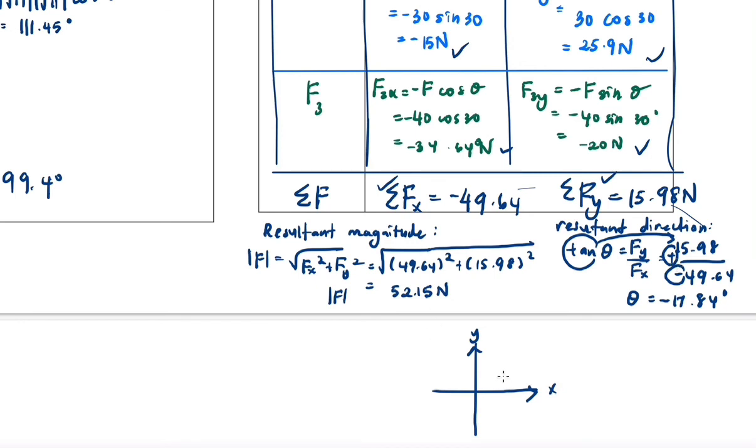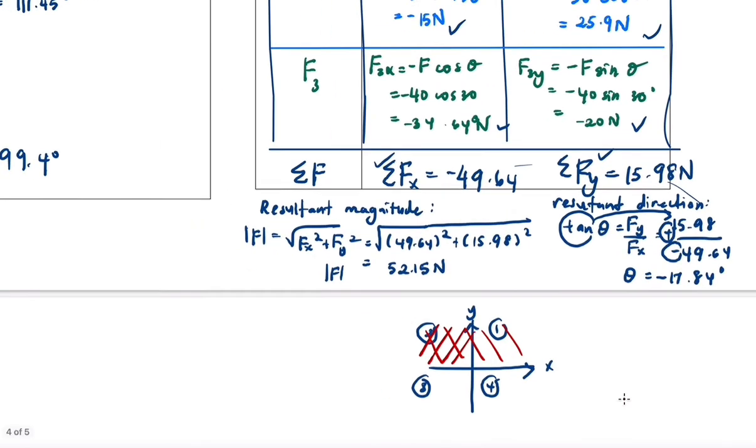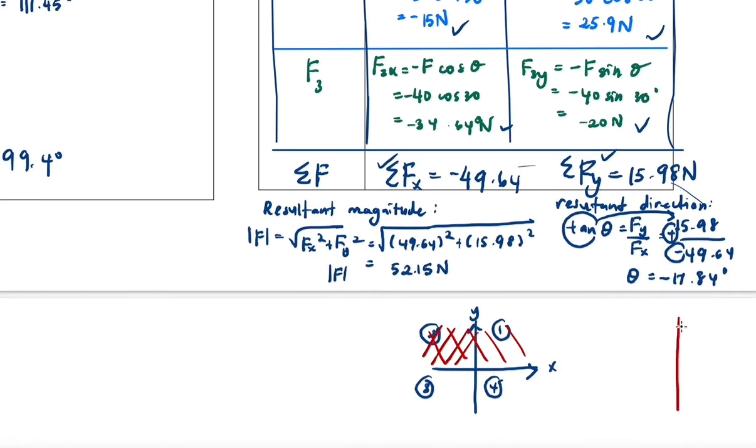Sama ada is the first quadrant, second quadrant, third quadrant or the fourth quadrant. Kalau y kita positif, mestilah dia berada dekat bahagian atas. And then x kita is negative, so mesti dekat quadrant number 2. So bila kita lukis vektor kita, we know it's at quadrant number 2.